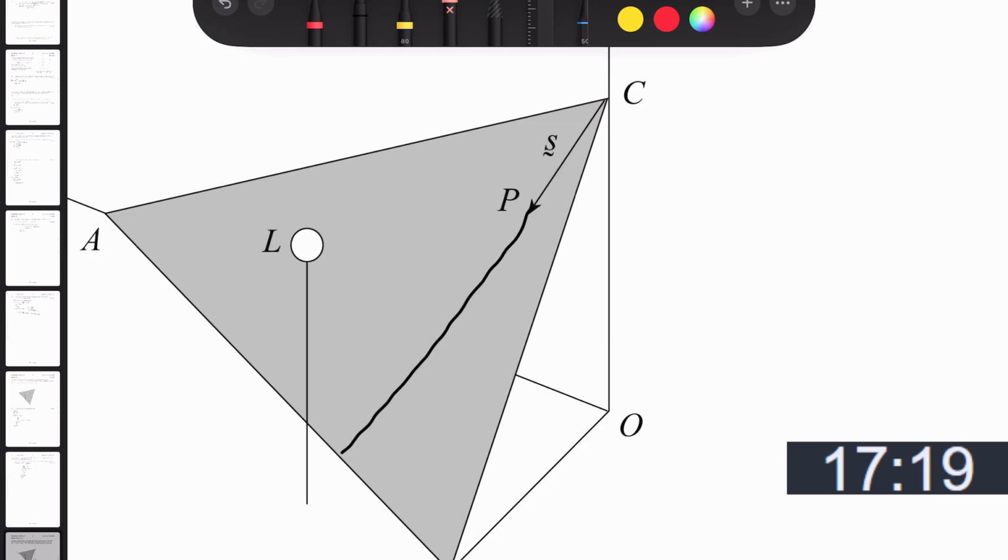I continue that down. If I go perpendicular to that, perpendicular to that, also perpendicular to that.